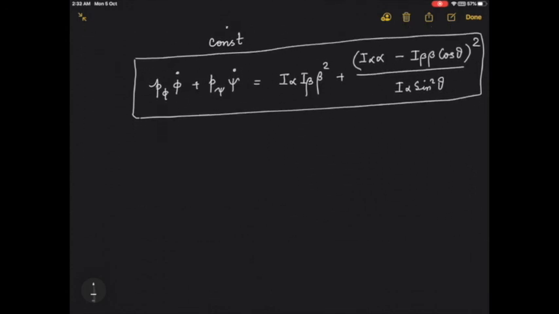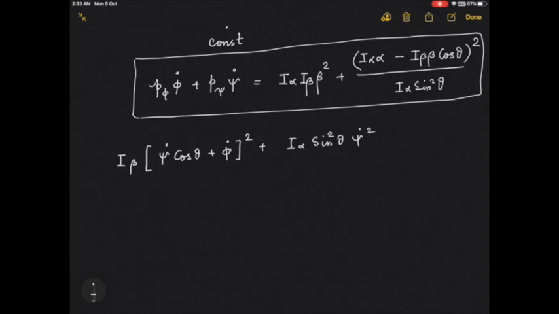So our Lagrangian was, apart from a factor of half, I beta psi dot cos theta plus phi dot square plus I alpha sine square theta psi dot square.